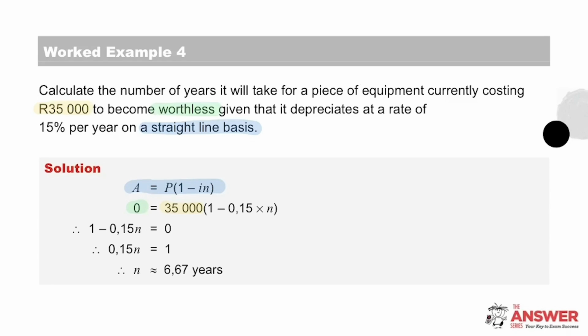And then lastly, that the 0.15 is the rate of depreciation, and that it is N that we are needing to solve for. And now, substituting and calculating with care, we get an approximate answer for N of 6,67 years. And this tells us that in about 6 2/3 years' time, this equipment will become worthless.